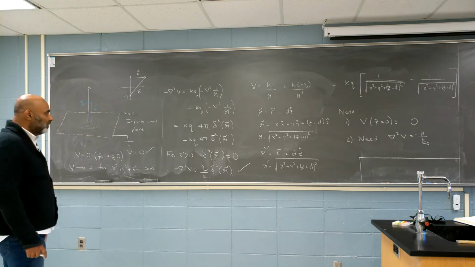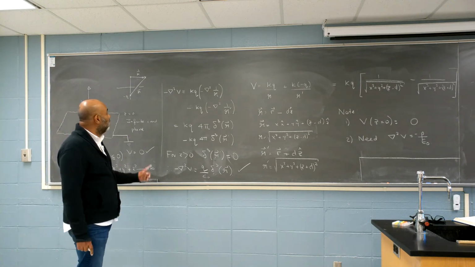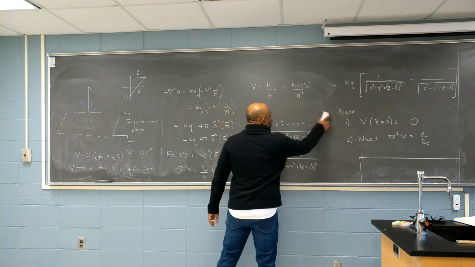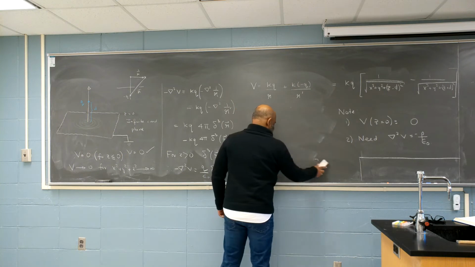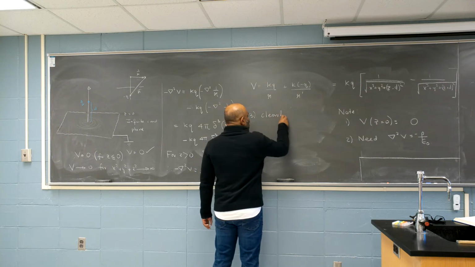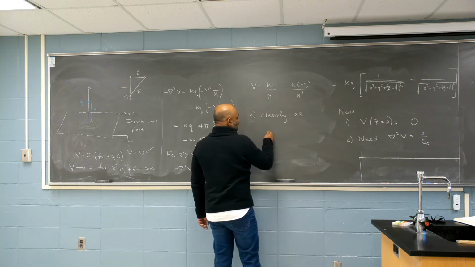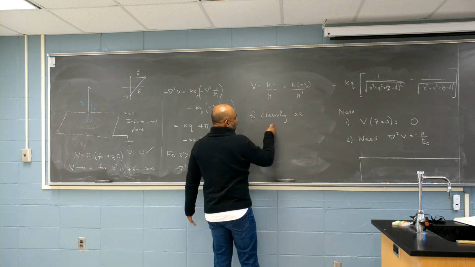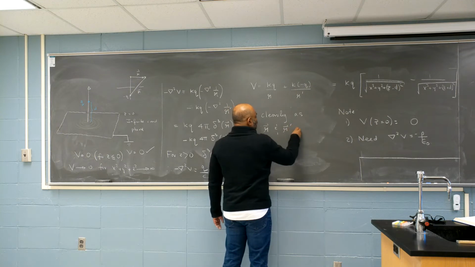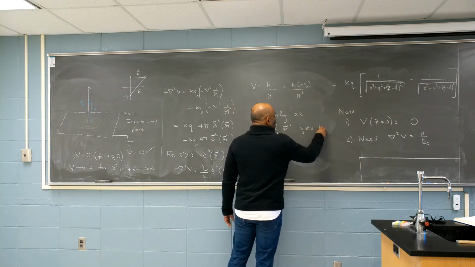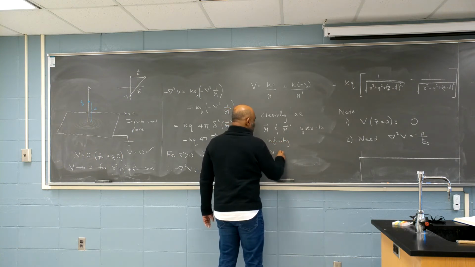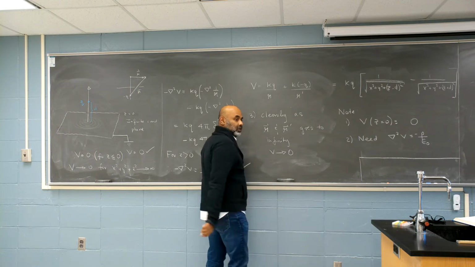There's one more condition to be checked, which is what? As at infinity, very good. But that's clear, right? Clearly, as r and r prime go to infinity, V approaches 0.